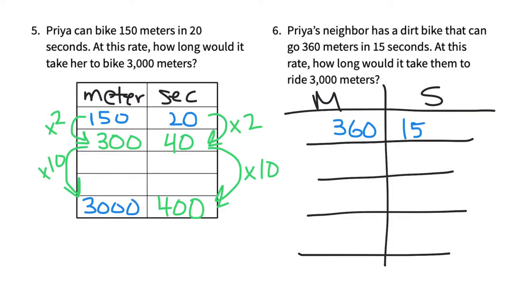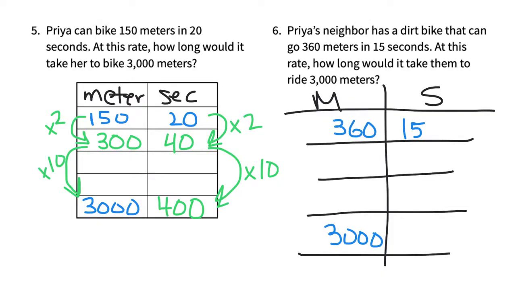And again, we want to figure out how long it is going to take for Priya's neighbor to go 3,000 meters. So somehow we have to turn 360 into 3,000. There's a variety of ways we can do this. I'm going to think about, let's divide by 3.